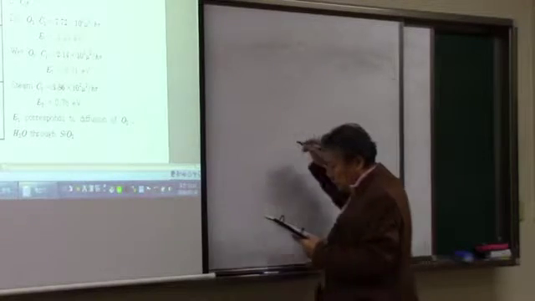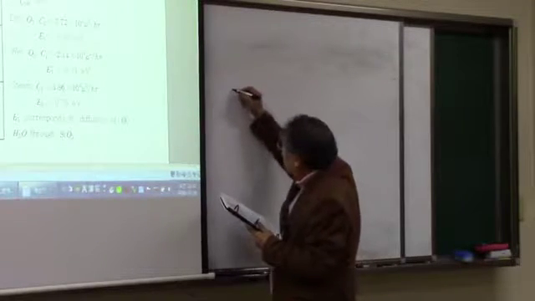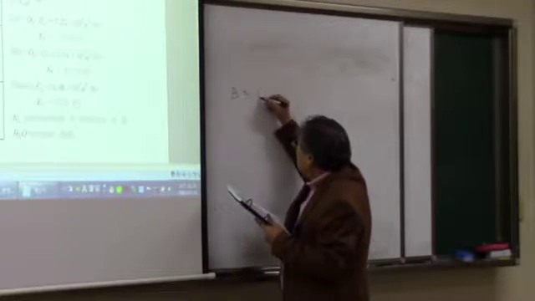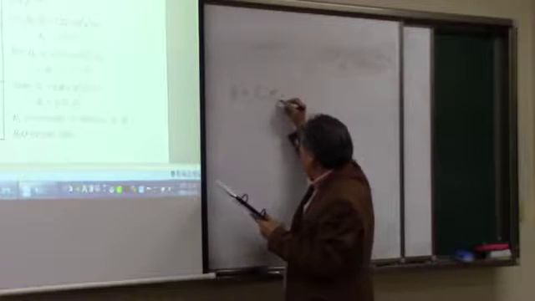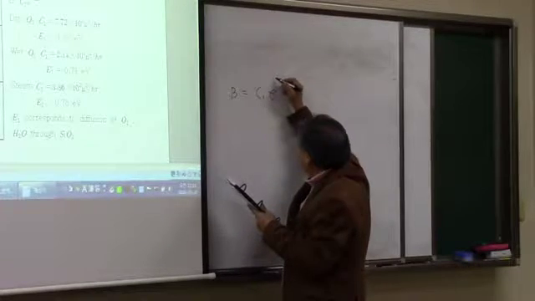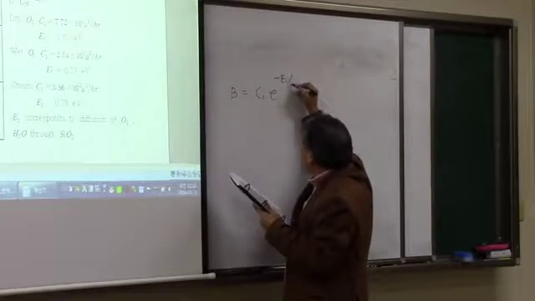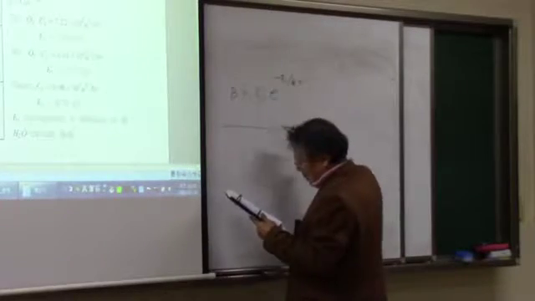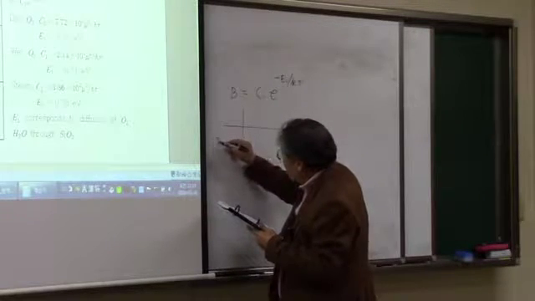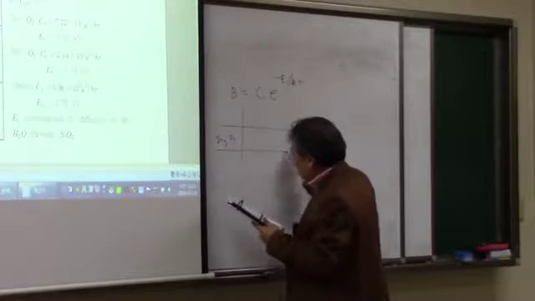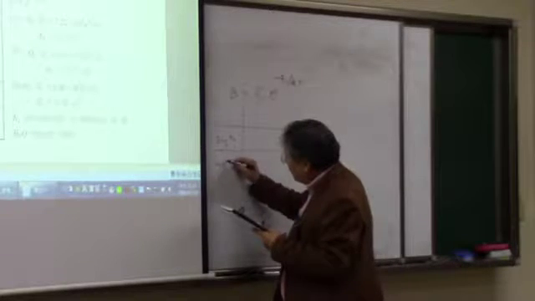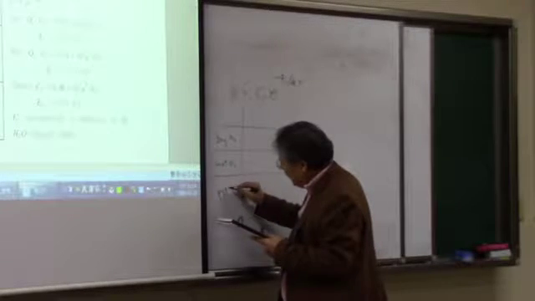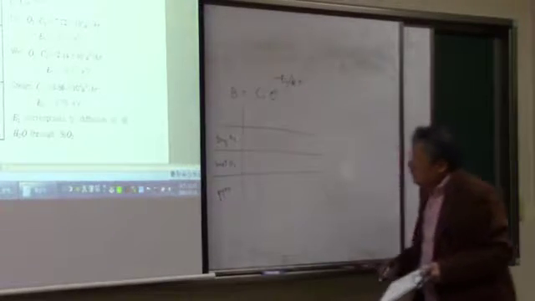From this figure, what you can see here is the parabolic rate constant can be expressed by the Arrhenius type plot, where C1 e to the minus E1 over KT, okay? And then you can see the dry oxidation case, wet oxidation case, and pyrogenic oxidation case.